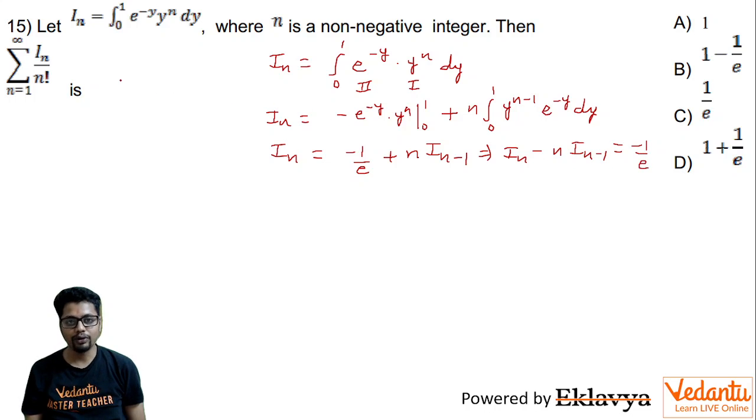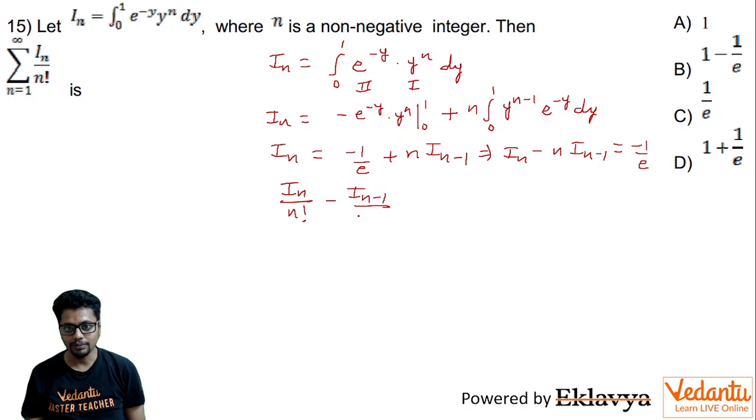And what we are looking for is the sum of I_n by n factorial. So let's divide this entire equation by n factorial, and I have I_n by n factorial minus I_(n minus 1) by (n minus 1) factorial is equal to minus 1 by e n factorial.